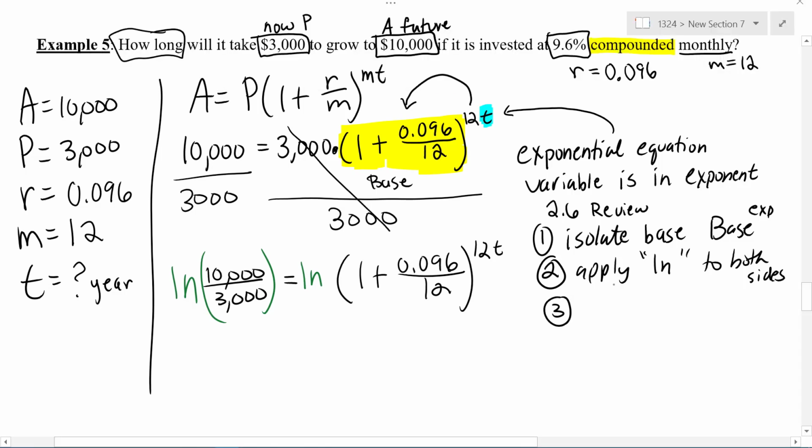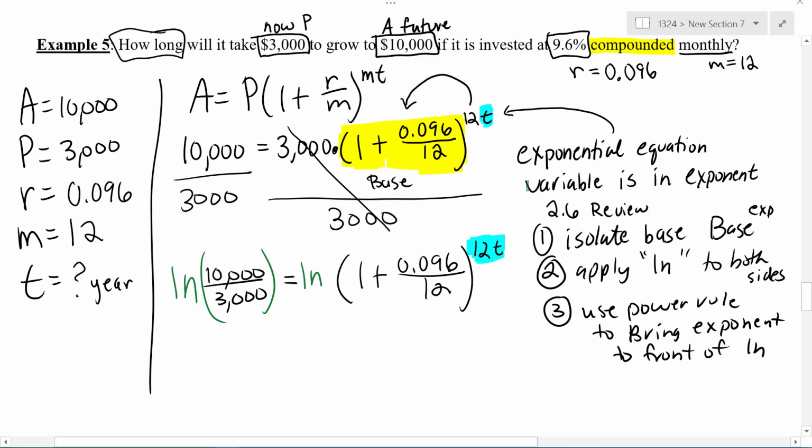Okay, the third step is to use the power rule. We talked about all of this in that 2.6 video, to bring the exponent to the front of the natural log. Once we apply the natural log, we're allowed to use log properties.